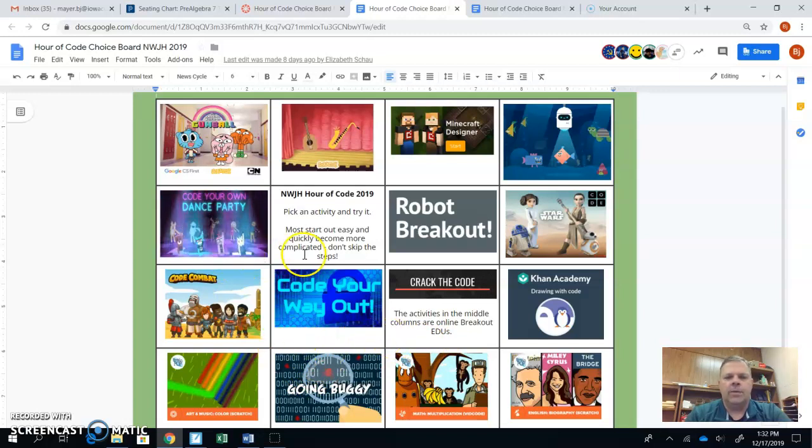There are tutorials. Make sure that you pick an activity and try it. Most start out easy and they quickly become more complicated, so don't skip steps. On Wednesday I will do some coding from the dance party so that you can see some of that, and hopefully you'll be able to have a little bit of fun with the dance party and the coding. So you'll have the rest of the time to do this.